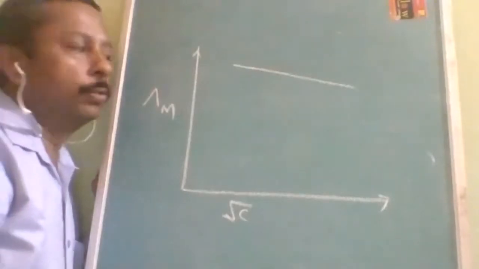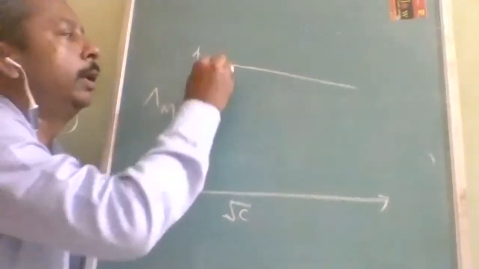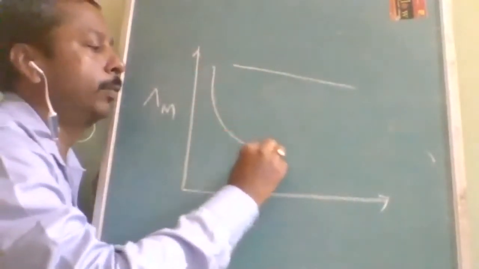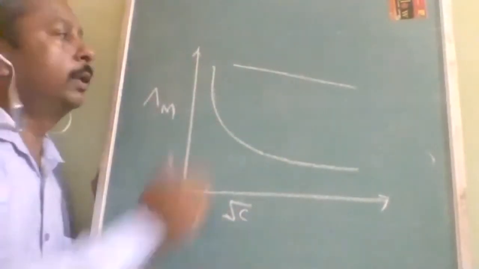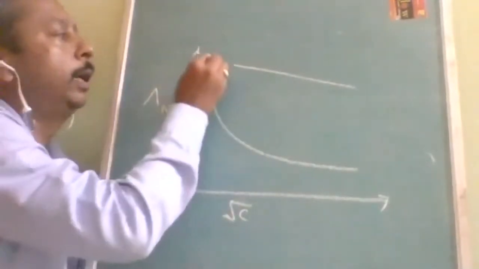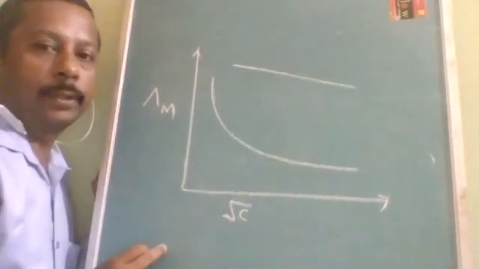Some electrolytes show a graph like this, and some electrolytes show a graph like this. So there are two types of graphs: either linear graphs or curved graphs.